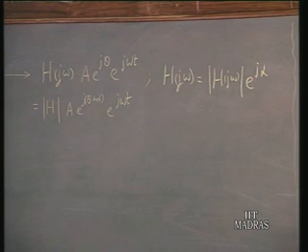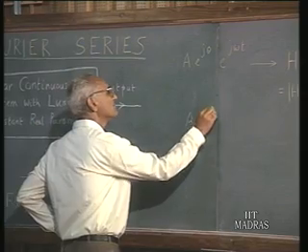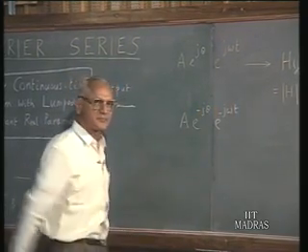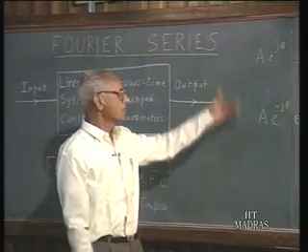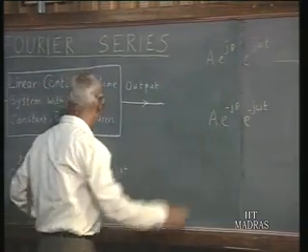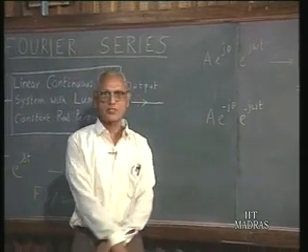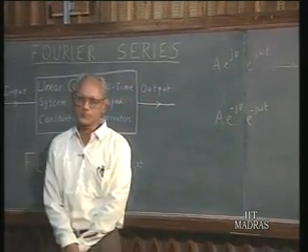Now let me take another exponential function, A e to the power of minus j theta e to the power of minus j omega t. Similar to this, except that the multiplying constant F is replaced by A e to the power of minus j theta, and instead of s equals plus j omega, I have taken s equals minus j omega.